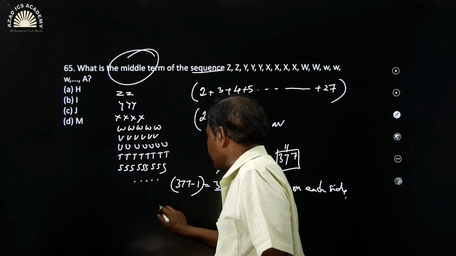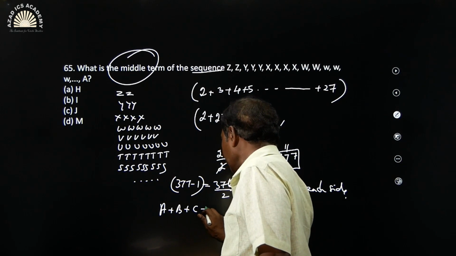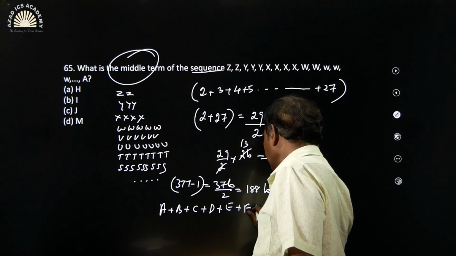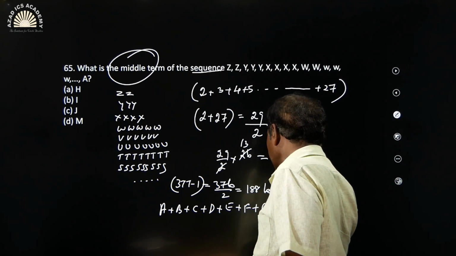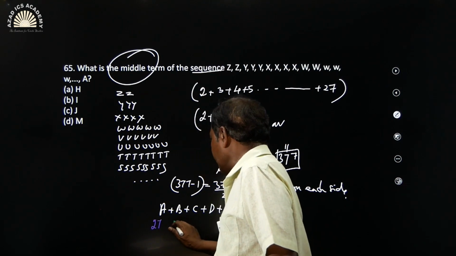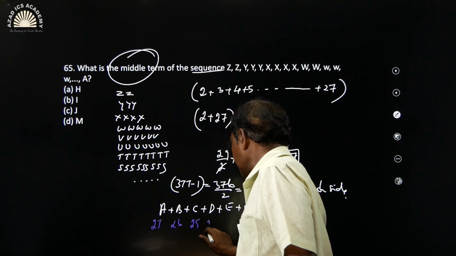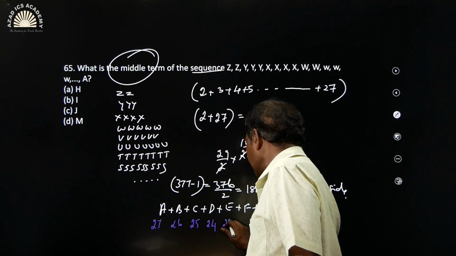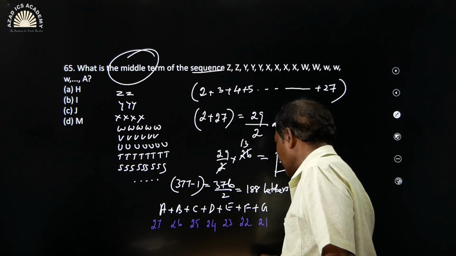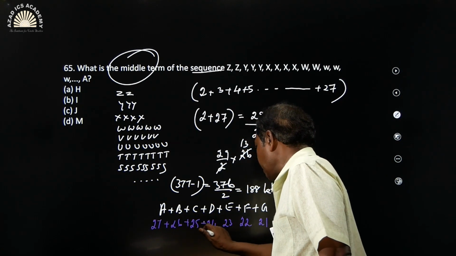Up to H we have to take A plus B plus C plus D plus E plus F plus G. A is 27 letters here, and B can be written as 26, C is 25, and this is written 24, and this is 23 times, this is 22 times and 21 times, and put plus plus plus.